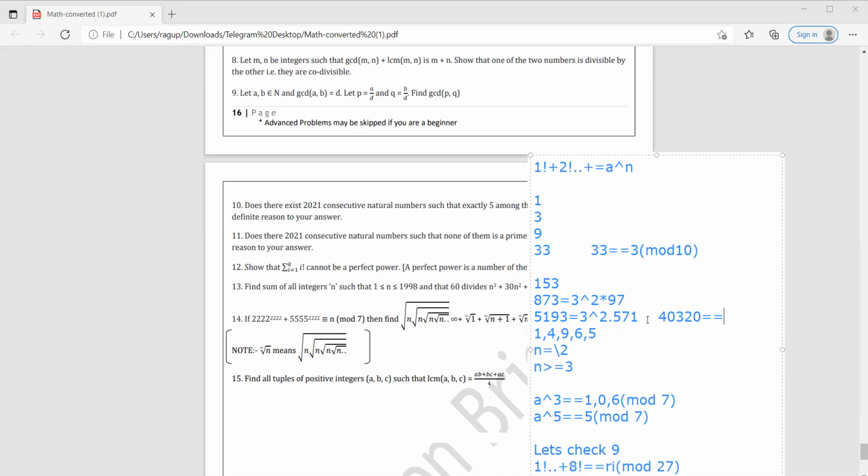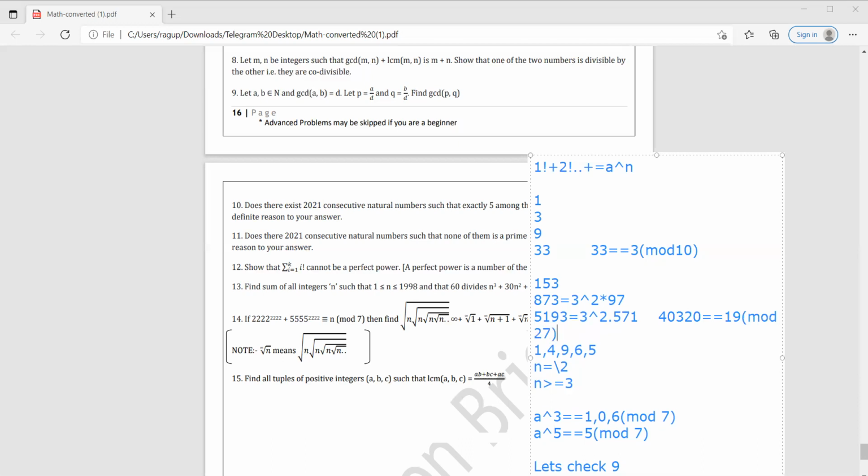13, 5, 135, 117. So the remainder is 19, you can check it. And 5193 has a remainder of 4936.